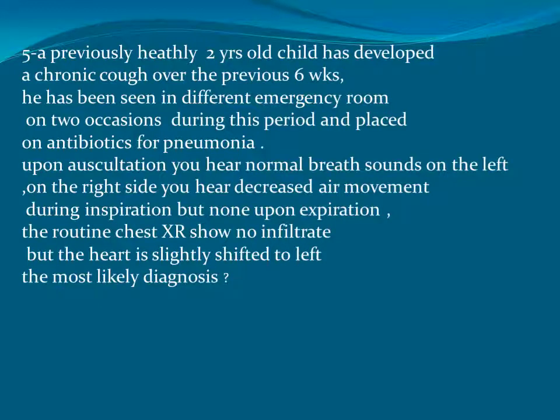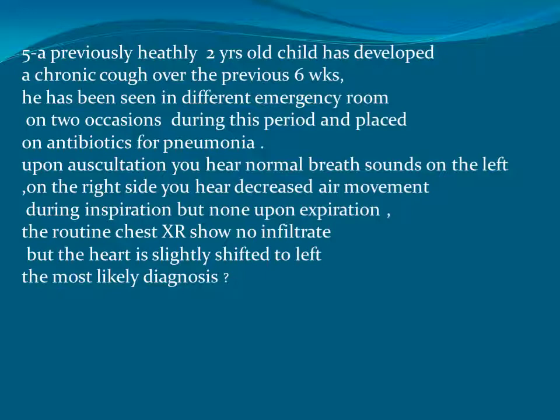Now we take another scenario for another cause of acute stridor in children. A previously healthy 2-year-old child has developed a chronic cough over the previous 6 weeks. He had been seen in different emergency rooms on 2 occasions during this period and placed on antibiotics for pneumonia.